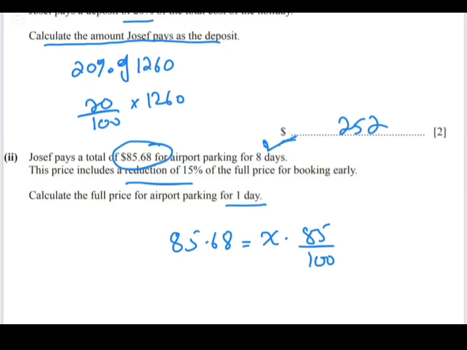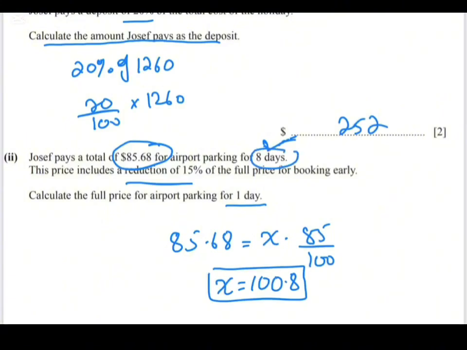So 85.68 multiplied by 100 and divided by 85 will give us 100.8. So before reduction the value is 100.8, which is basically the original cost before the reduction of 15%. Okay, and they are talking about 8 days.